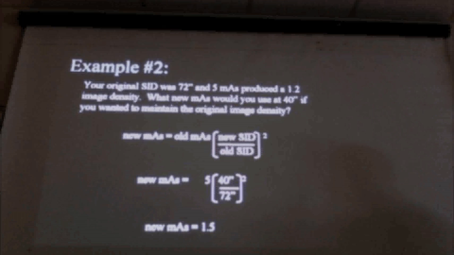Now, here's what I want you to do. I don't want you to do it right now, but I want you to use this formula right here to figure out what the new mass should be. Use the formula. But if you exactly double your distance, this is how you are going to start to understand how you ballpark it a little bit. If you double your distance, you don't even need to use this formula.